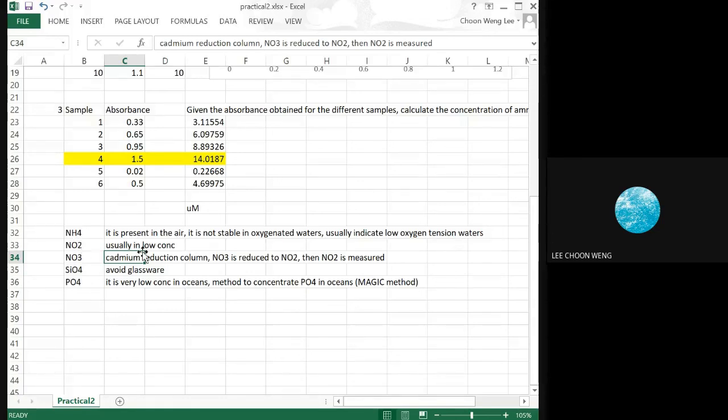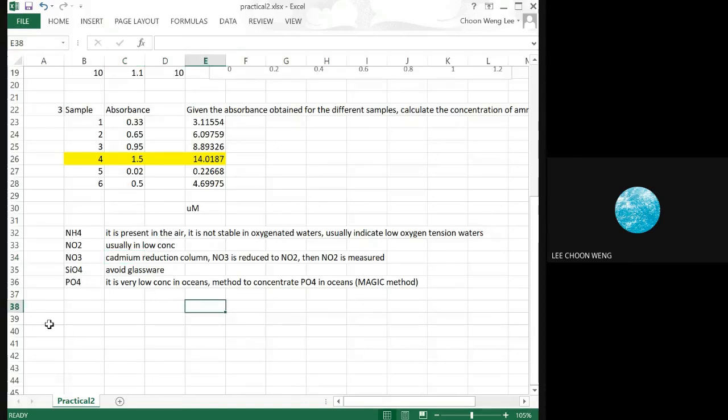Okay, and then the concentration from this method, we minus this NO2 to obtain NO3. Okay, so NO3 is usually not measured by itself, but measured after reduction to NO2, and then we just minus the original NO2 to obtain the NO3.